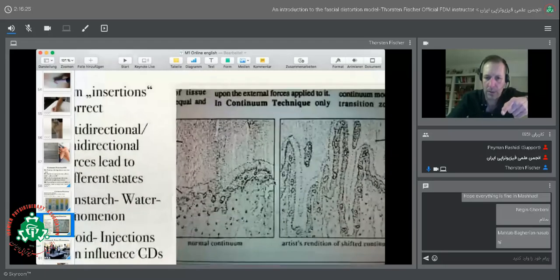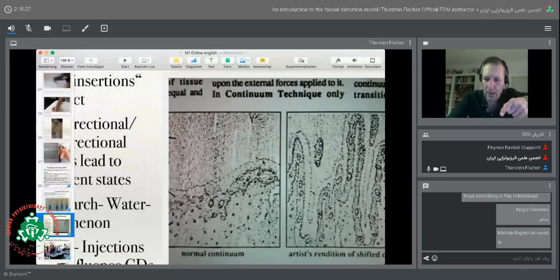Wait, I will make it a little bit bigger. Here. And I think the cortisone pulls the osseous components into the ligament and then it fixes it sometimes. So I see continuum distortions are sometimes healed by steroid injections by doctors.